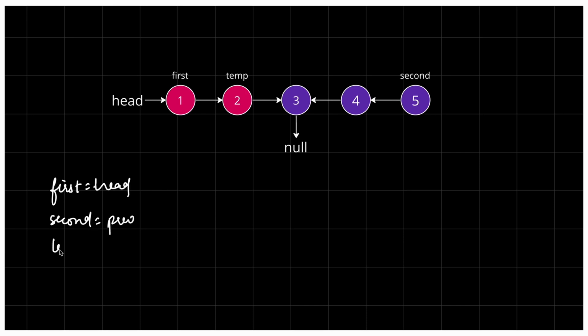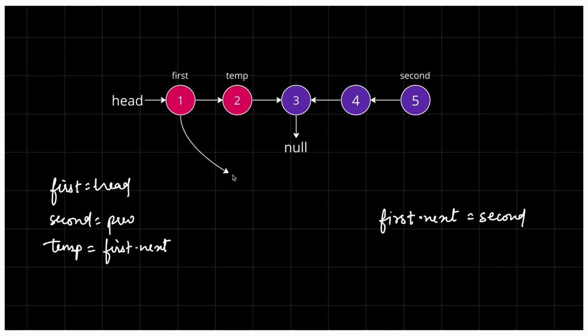Great. Now we will take one more pointer, which is temp, and initially this temp will be pointing to first.next. The reason for that is very simple. Let me make it clear to you. First, you should start pointing to the second node. Just try to understand this.